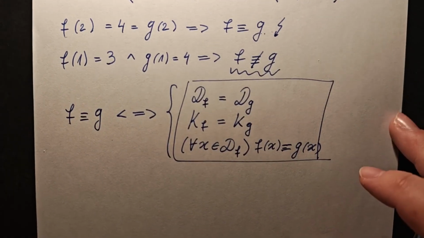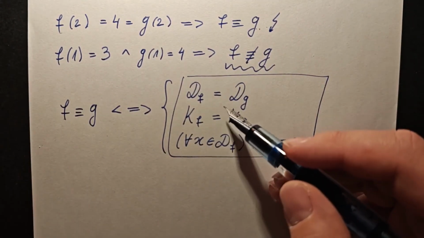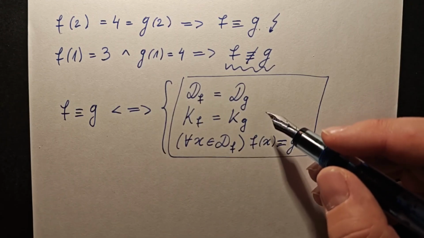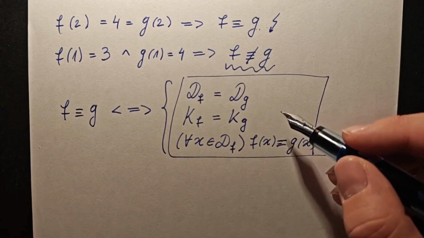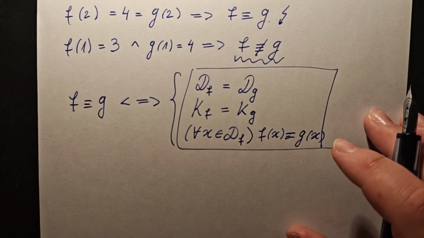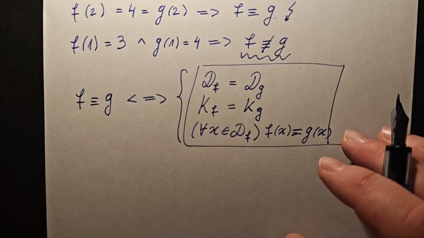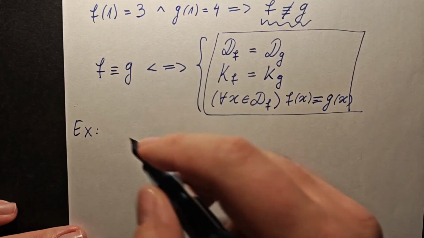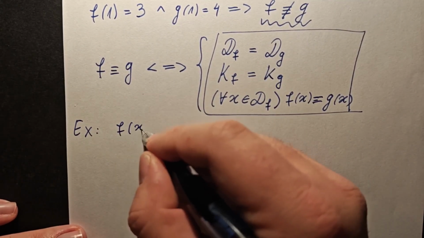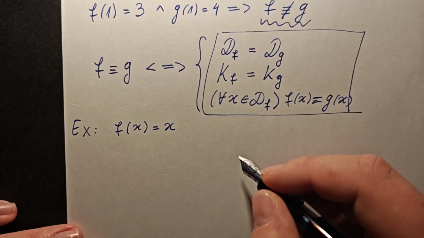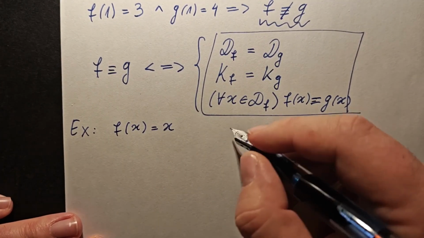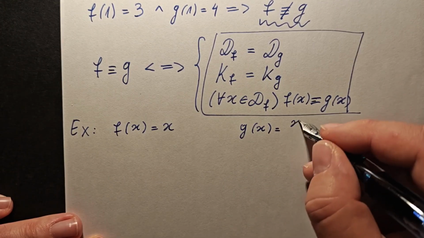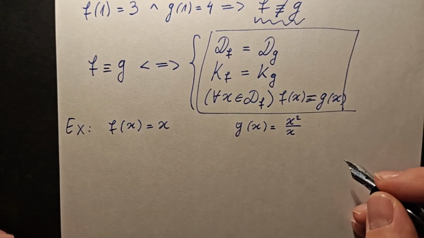Now, I want to show you how important this is, because many students make an error when they are trying to do this. So let me broaden the story with one more example. Let's take a look at function f, which is defined by f of x is equal to x, and function g, which is defined as g of x is x squared over x.